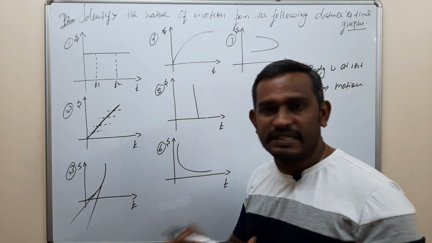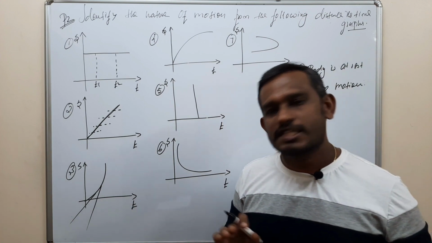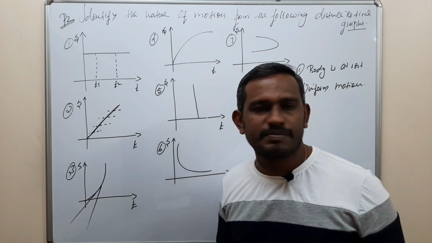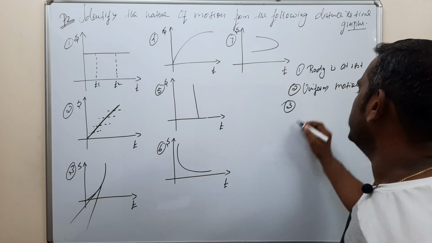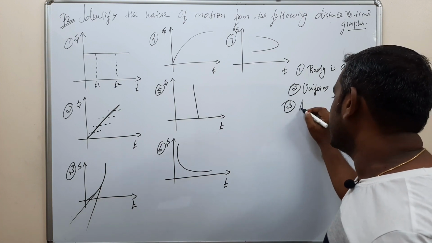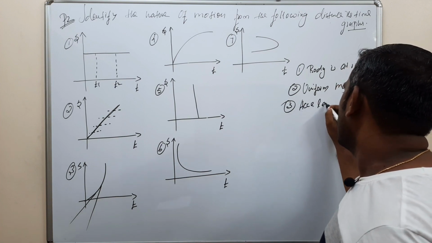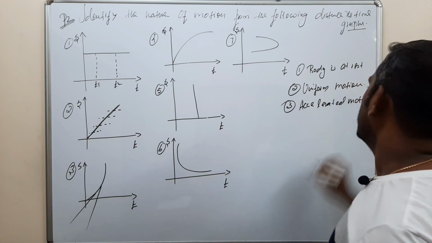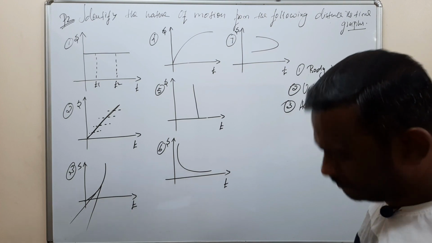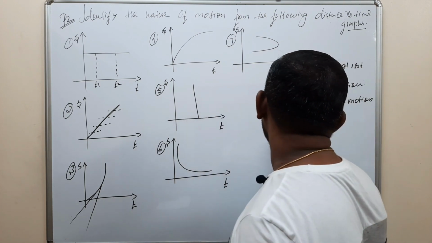The slope of the distance-time graph gives the speed, so since the slope increases, the speed increases. That means it is accelerated motion. So what about the fourth one?